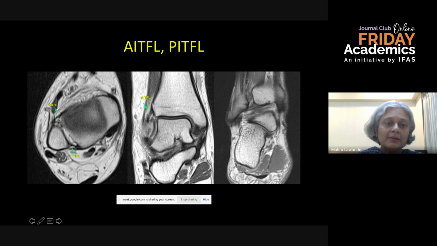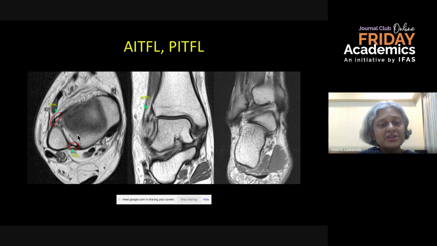We need to look at the distal tibiofibular joint, and here you can see the anterior inferior tibiofibular ligament at a section where the talar dome is just about seen, and at the same level we have the posterior inferior tibiofibular ligament.